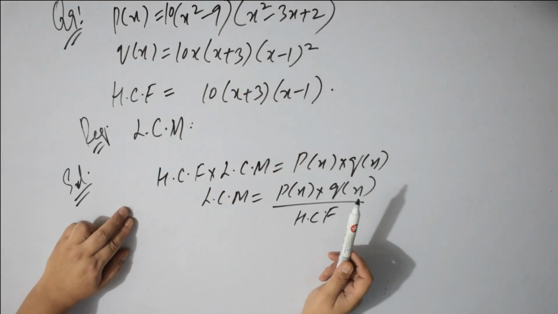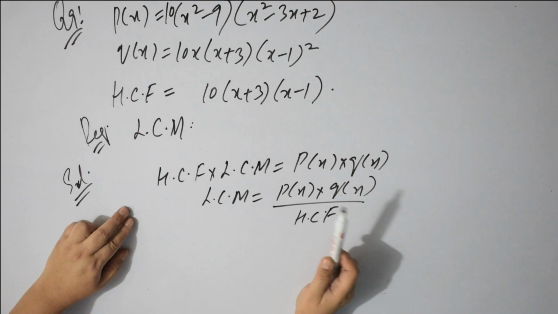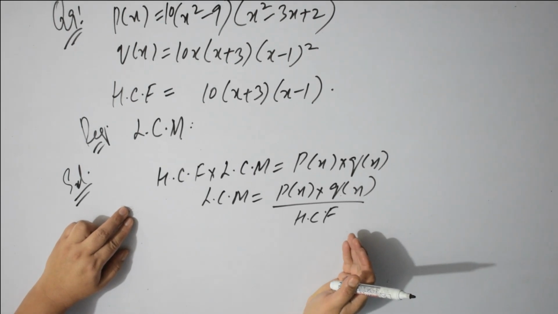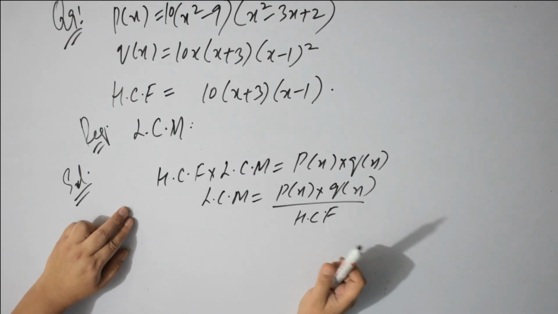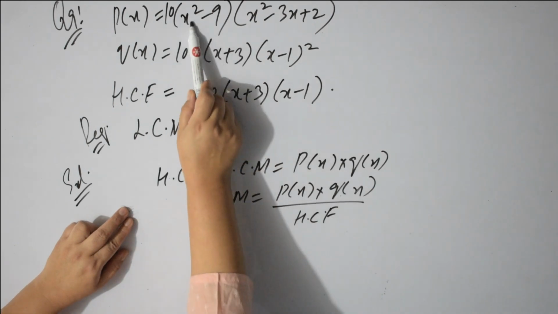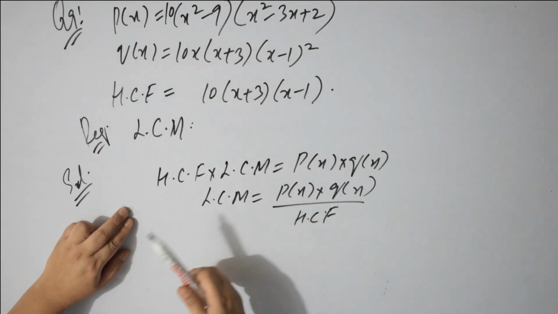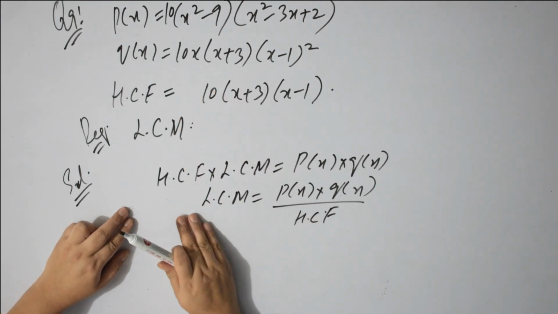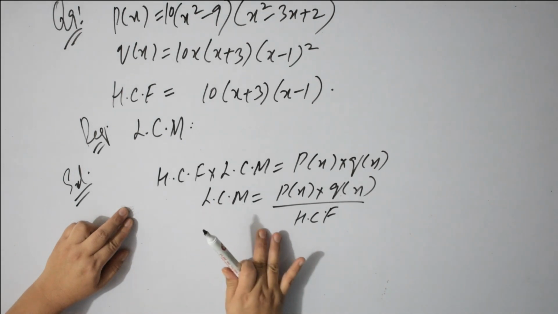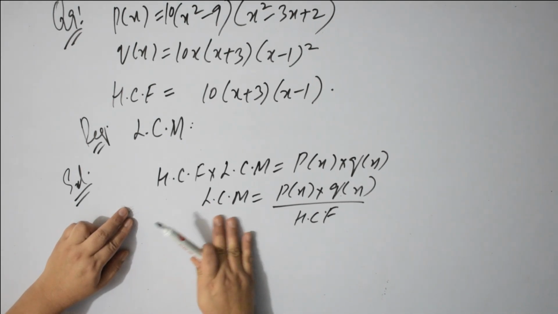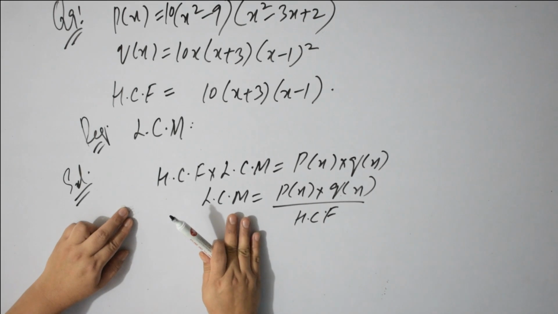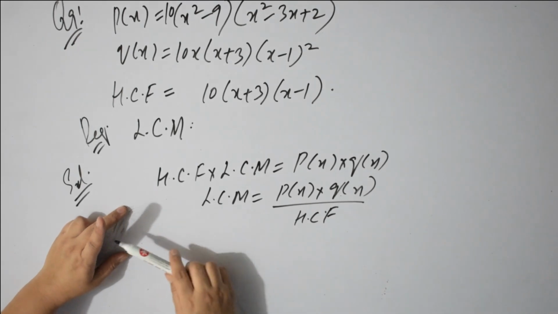After putting values, cancel like factors up and down, and you can apply the formula on these, then they can cancel, and you can also cancel directly. Then after cancellation you get LCM. This will be your required answer, right? I hope you can do question number 9.